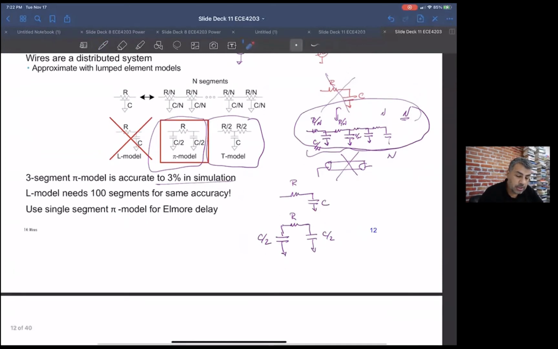So let's see what this says. Let's say you had a resistance of 300 ohms. Well, that's a lot of resistance. Let's say 30 ohms.